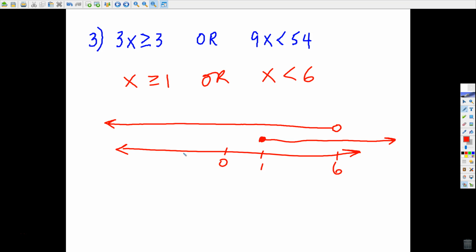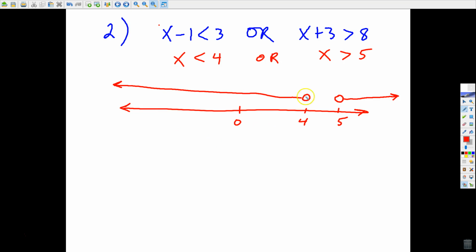This represents every single number there is. And so when you have these overlapping lines that go in opposite directions, one's going to positive infinity, one's going to negative, then all we're going to say is, well, that's all real numbers. Any number that exists will make either one of those true.